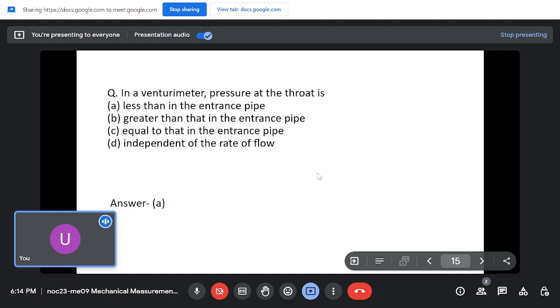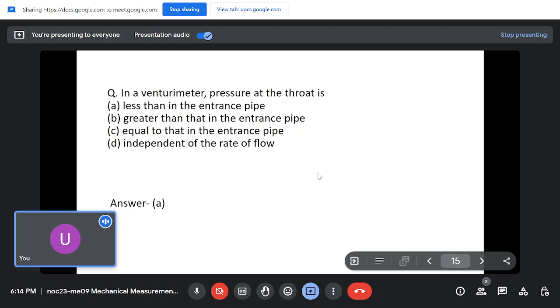In this case, we are assuming that the venturi meter is put horizontally, so the z term, the potential term, cancels out. So you have a pressure term and a velocity term, P by rho plus V square by 2 equals constant. We have seen that velocity goes up when the area reduces, which causes the pressure to reduce at the throat section.